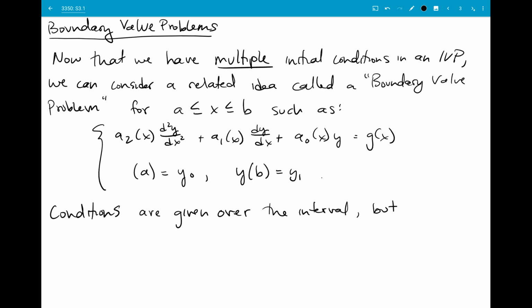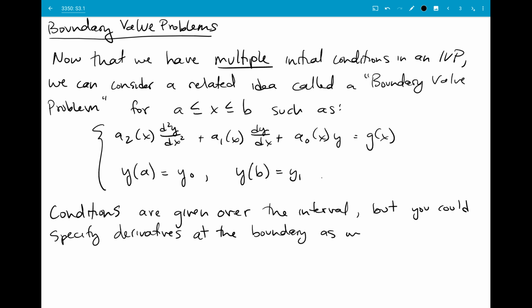But just because I wrote it this way with y's, you can still use derivatives if you want to. For example, you could have y prime of a equal to y0, y prime of b equal to y1. That would still be a boundary value problem, even though it uses derivatives.